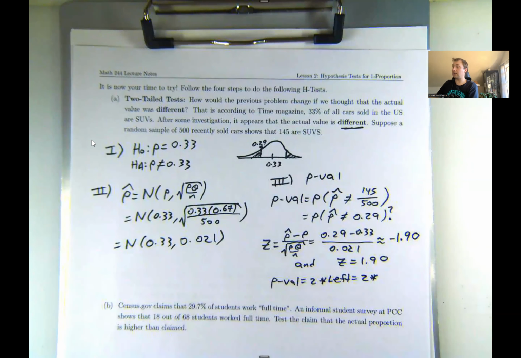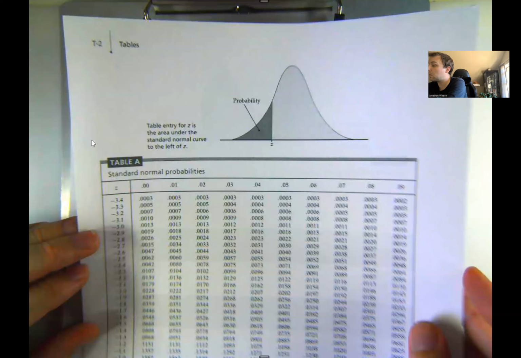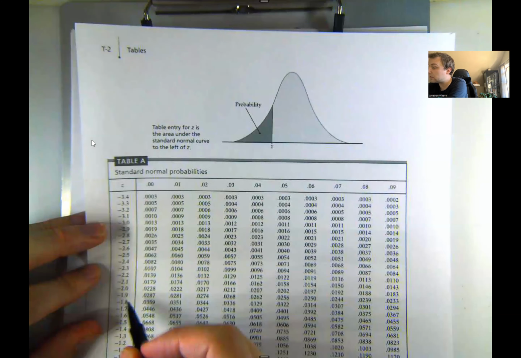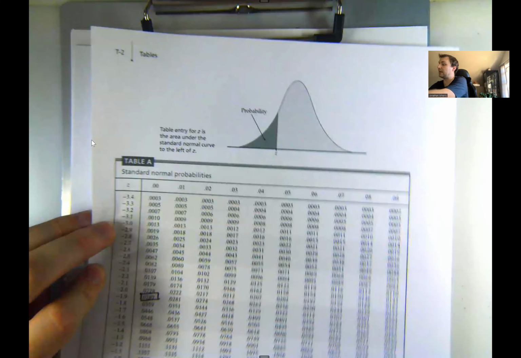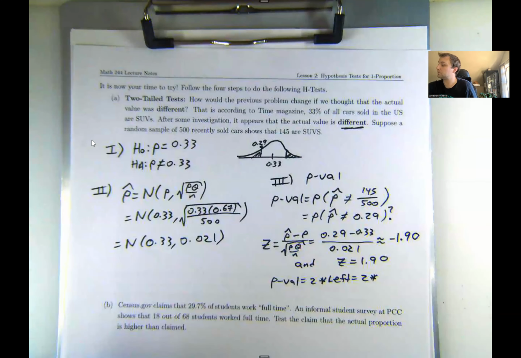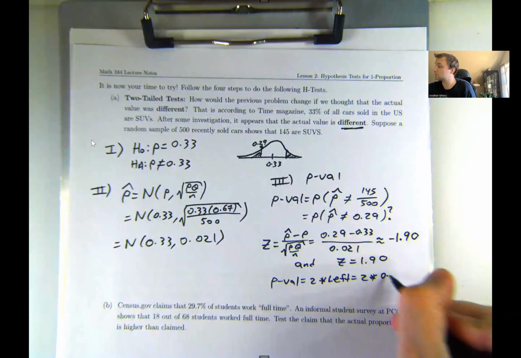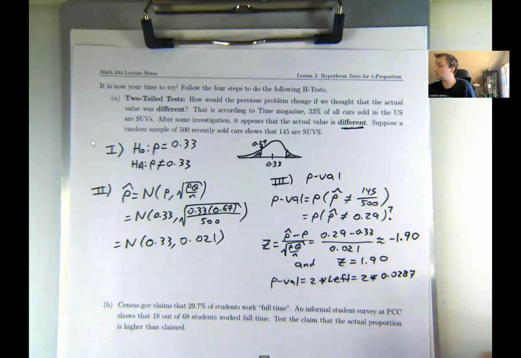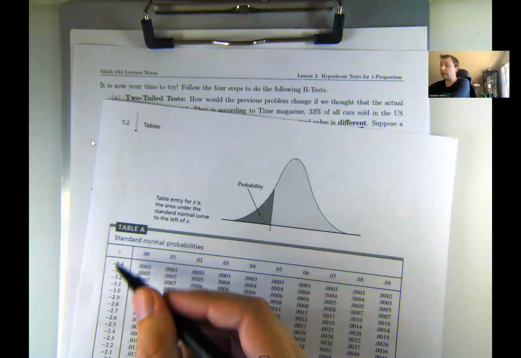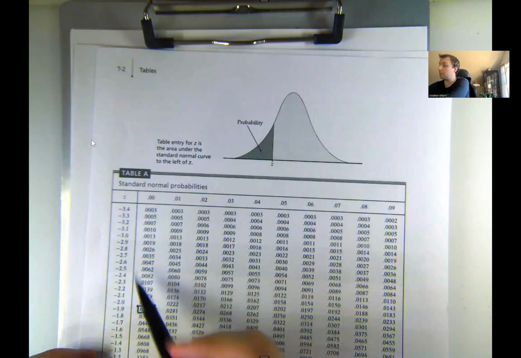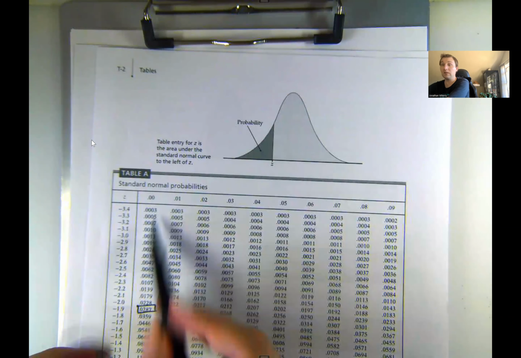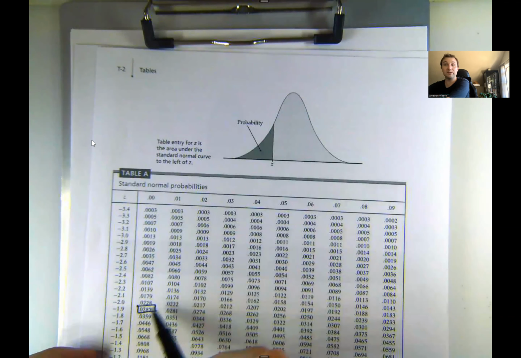And I'm going to find negative 1.90. And when I do so, I got 0.0287. Again, to find that, I went to the negative 1.9 row and the 0 column. That gave me 0.0287.